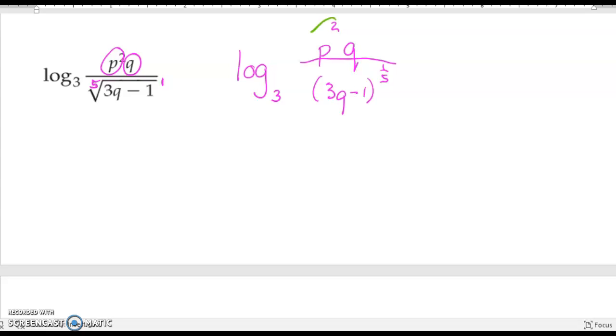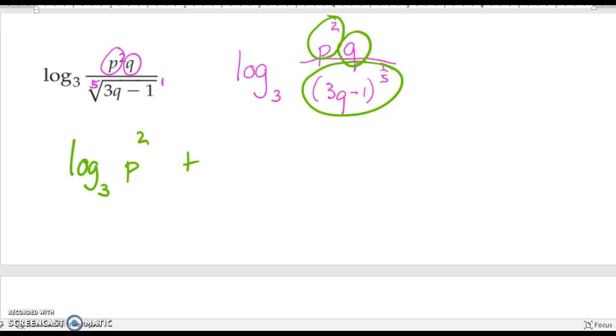When I expand, I'll have to write log base 3 times. So we start log base 3 of p squared plus, because we're multiplying right here in between the two, p squared and q.